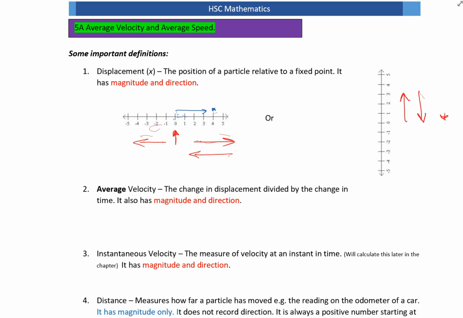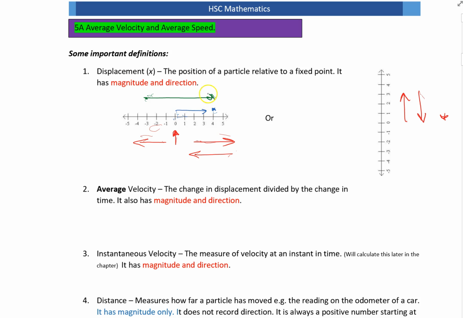If another particle started here and moved in the positive direction and ended up here, now this particle that I've represented with the green line, it also has a displacement of 4.